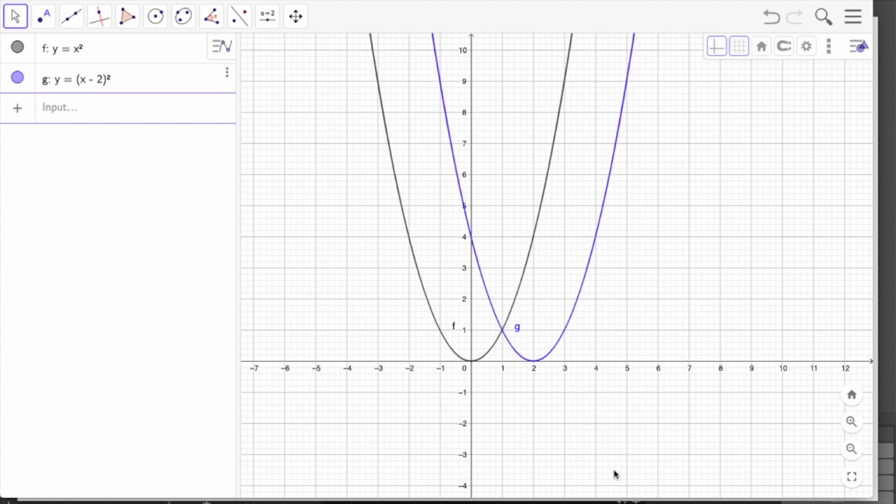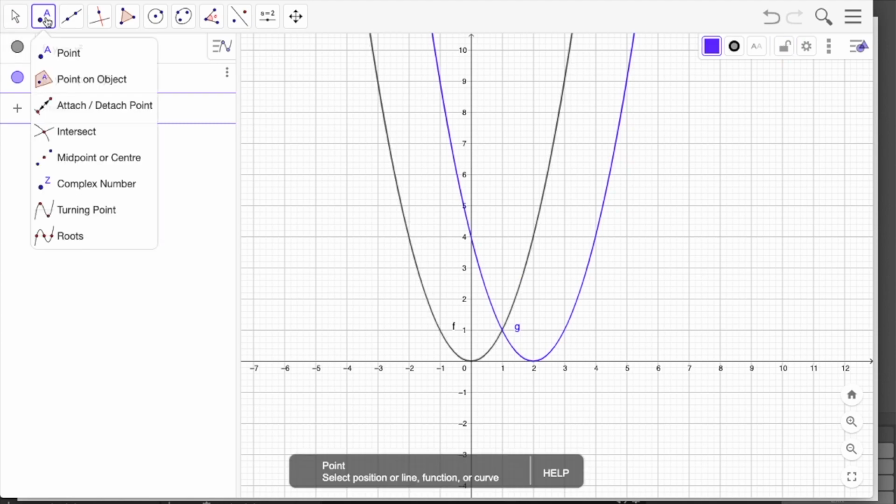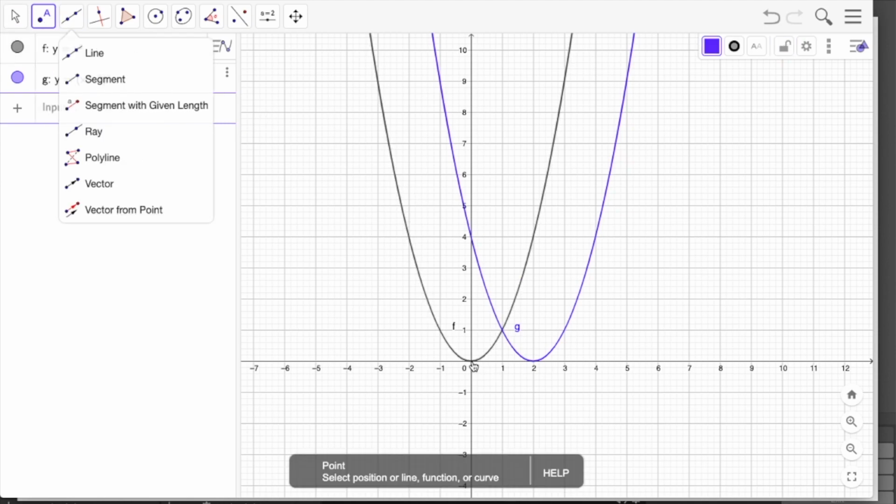What about the domain? The domain will be the values of x that we can use to get these graphs. In this case, the domain for the first graph, the black one there, is the same as the domain of the other graph. So the domain will be x an element of all the real numbers. Then the range: you will notice that both your graphs have a turning point on the x-axis.